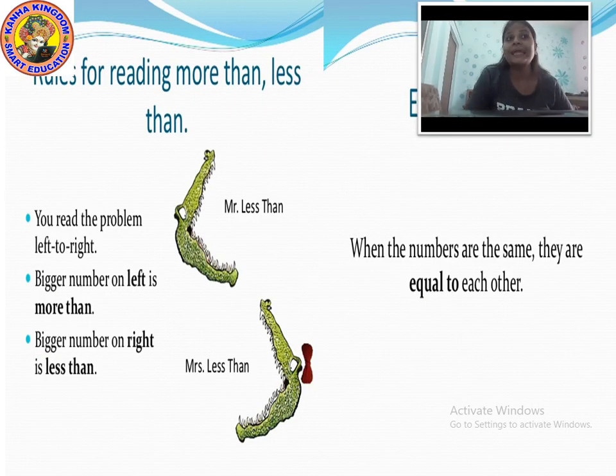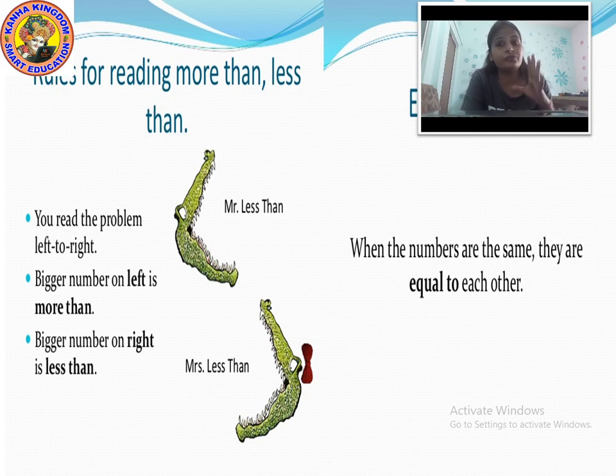Now let us read the rules of these two alligators. Rules for reading more than, less than. What we did was read the problem from left to right. The bigger number on the left is more than.